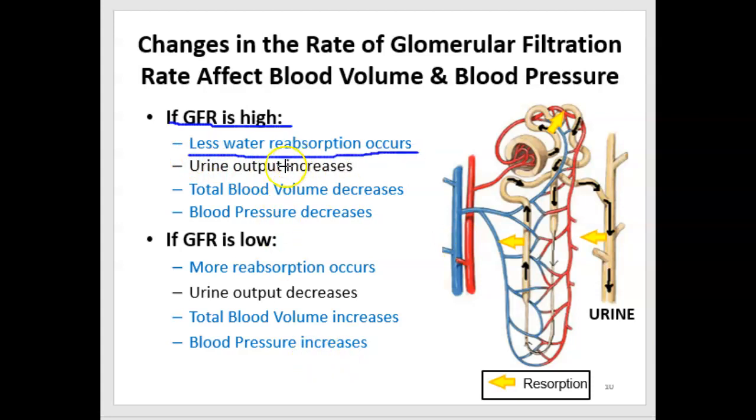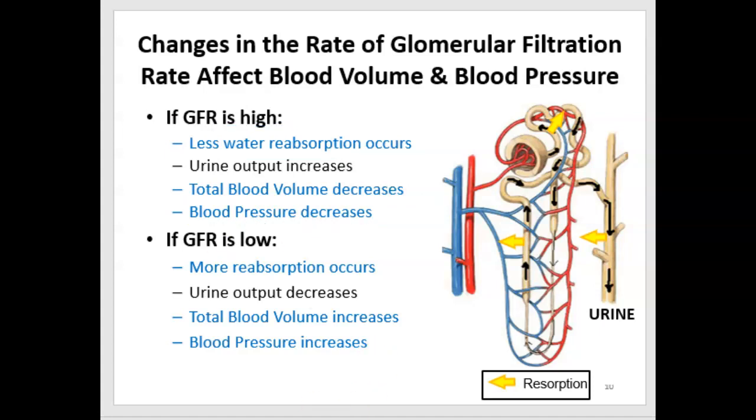If less water is reabsorbed, then your blood volume is going to go down. And if your blood volume goes down, then your blood pressure decreases. So there's a connection between glomerular filtration, the amount of it, and our blood pressure.